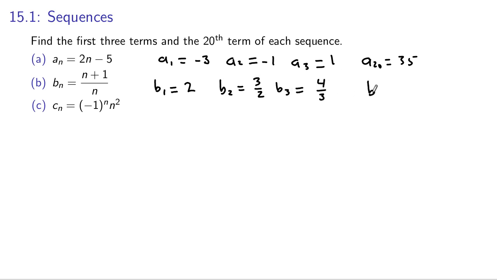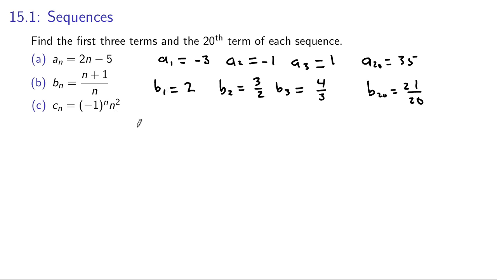And b sub 20, put in 20 and we get 21 over 20. This is not arithmetic. The difference is changing between the different values. And you might notice this is similar to functions, but for a sequence, we can only have discrete entries. So there's no a sub 1.5 because there's not a 1.5 entry in the sequence. These are indexes in our sequence.